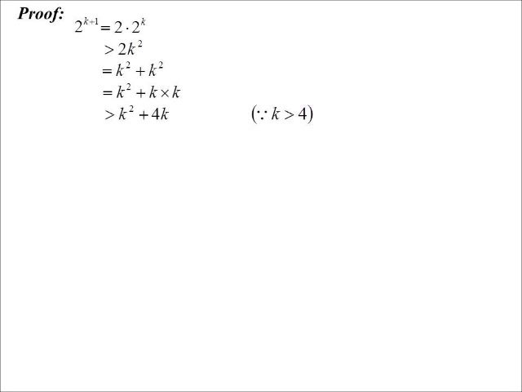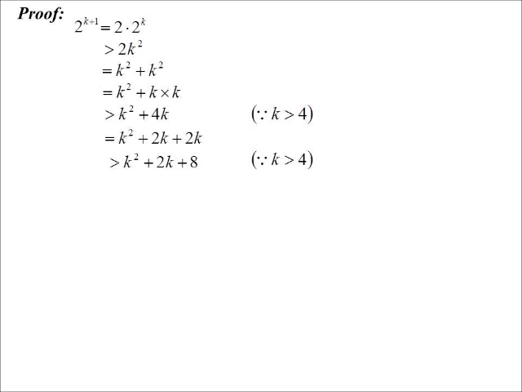Remember what we're trying to get. We're trying to get k squared plus 2k plus 1. So I'm going to rewrite that. So I've got my k squared, I've got my 2k, but I've now got this extra 2k bit that I don't need. What I need is 1. I'm going to use the same sort of idea. That's got to be greater than k squared plus 2k plus 8, because k is greater than 4.